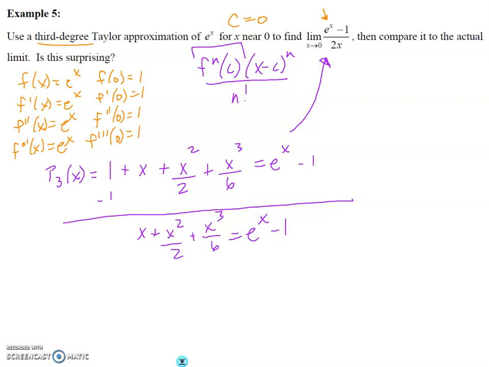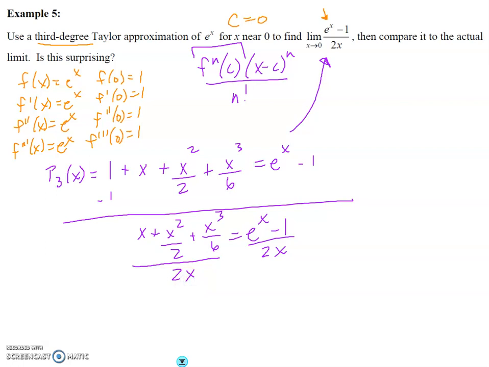Next thing I want to do is divide everything by 2x. So I'm going to divide this side by 2x. So there's the polynomial, not the polynomial, but the function that I'm looking for. And then I'm going to divide everything over here by 2x as well. And I'm going to simplify as I go.